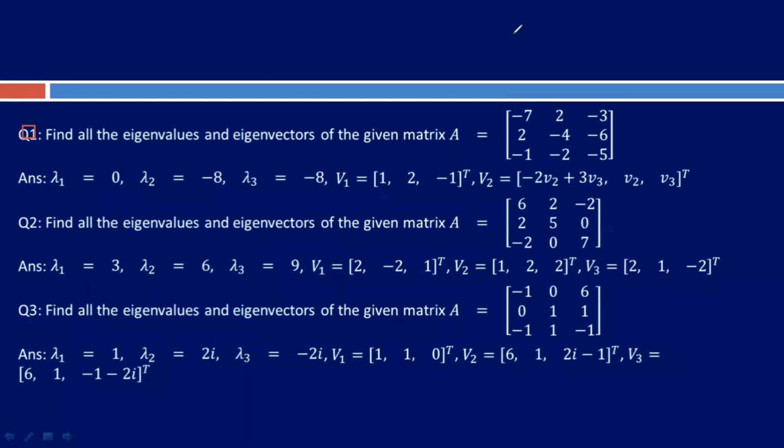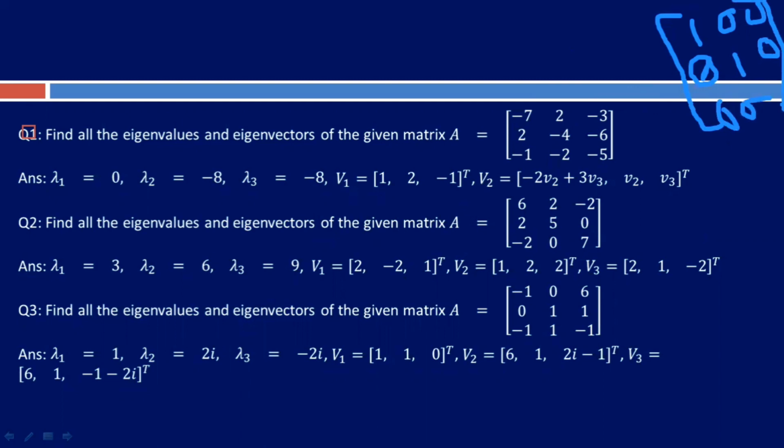First of all, you see this is a 3 by 3 square matrix. So you have to write the identity matrix as a 3 by 3: 1, 0, 0, 0, 1, 0, 0, 0, 1.